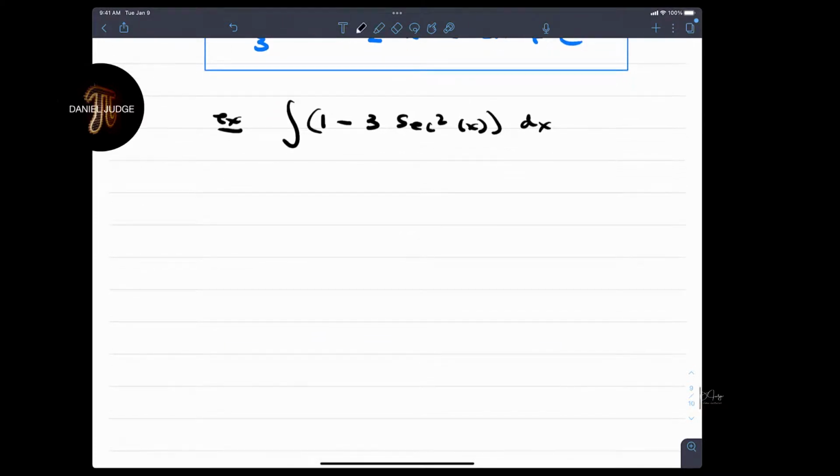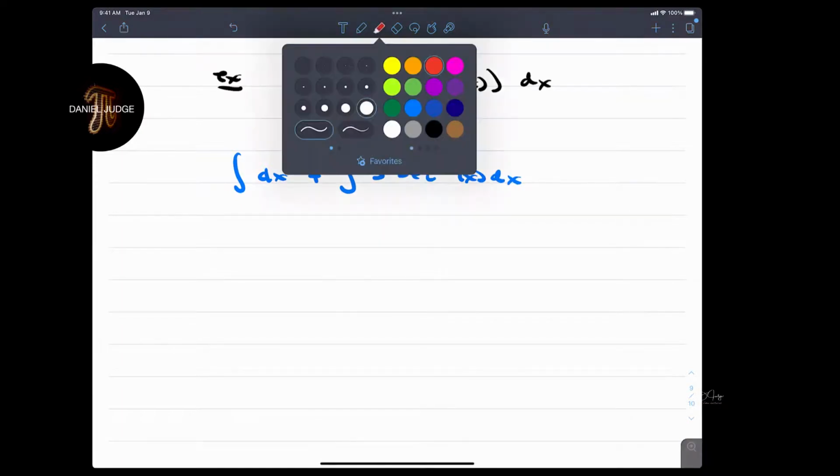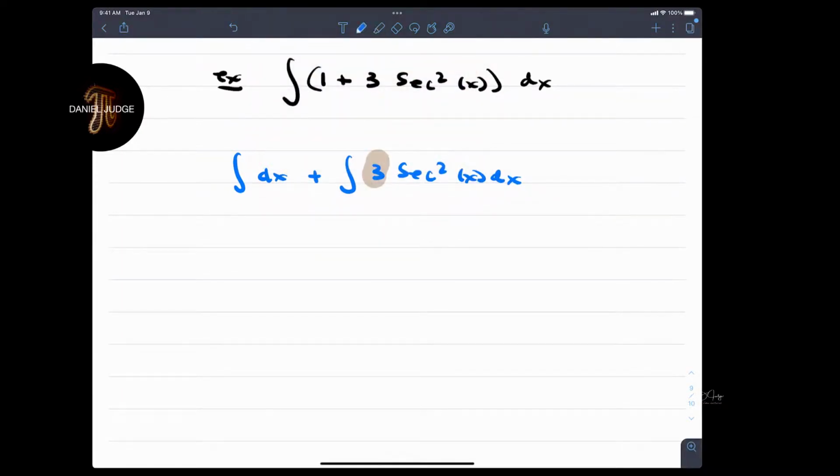And we can put this as a plus. Okay, properties. Remember, our focus is on using these properties here. There is an integral of a sum property. And we get to pull out the constant.